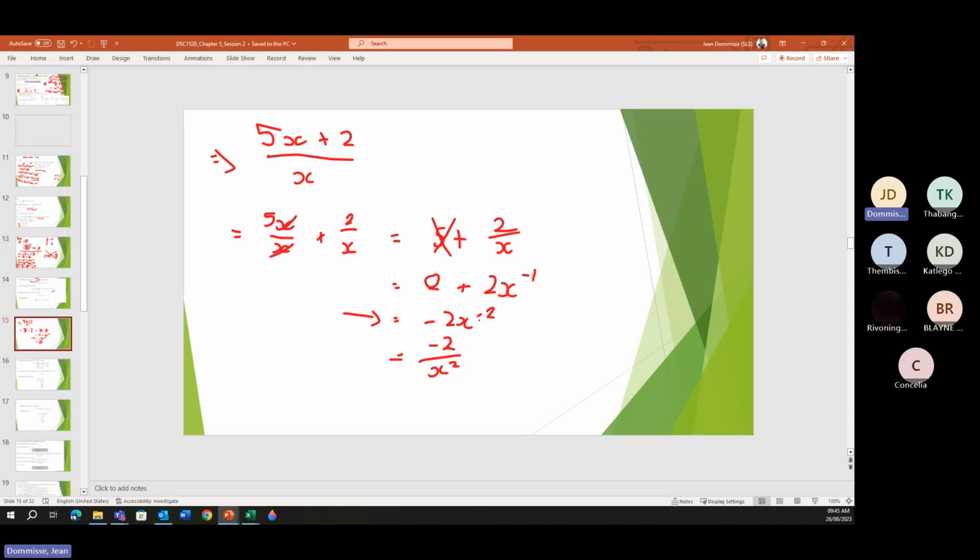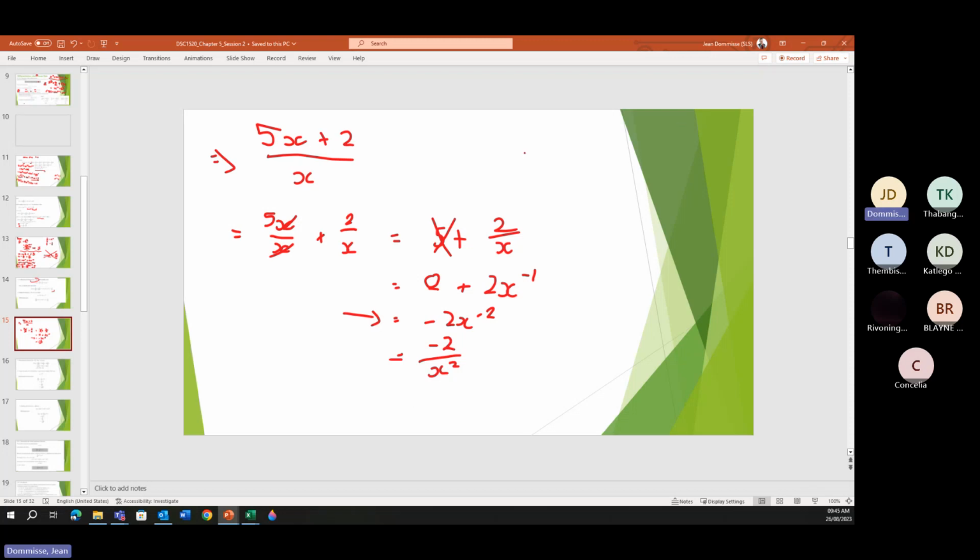Then when you differentiate, there is a way to change it, and you can let the answer set determine if you would go for the first one as answer, the minus 2x to the power of minus 2, or the simplest format of minus 2 over x to the power of 2.